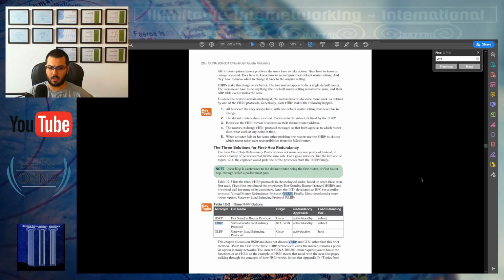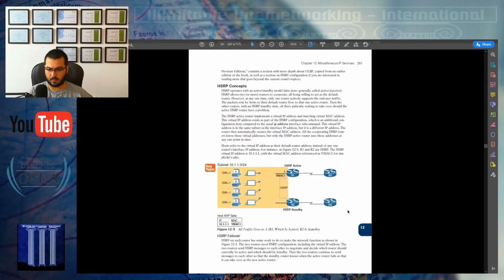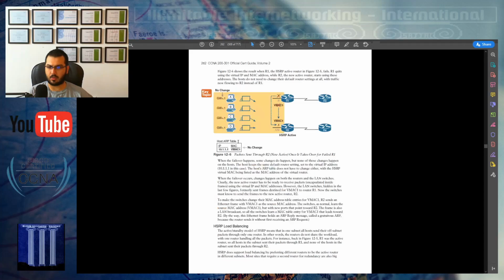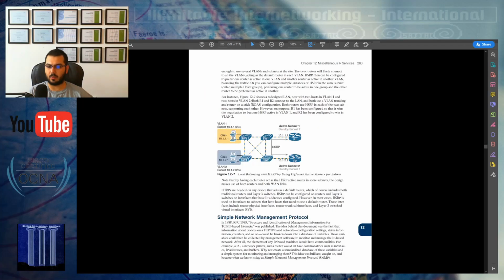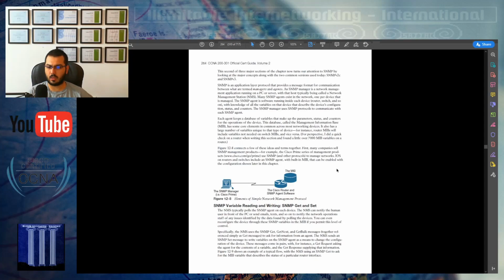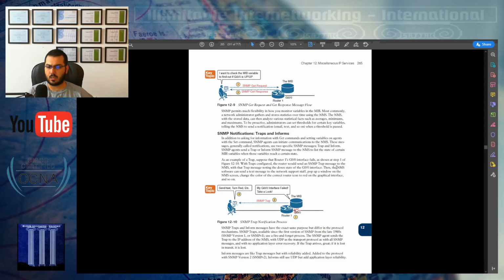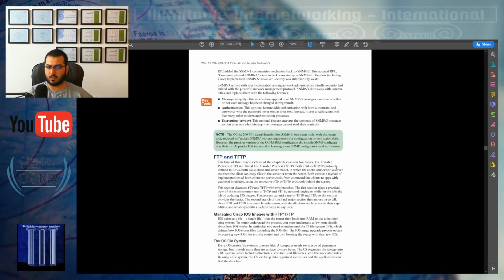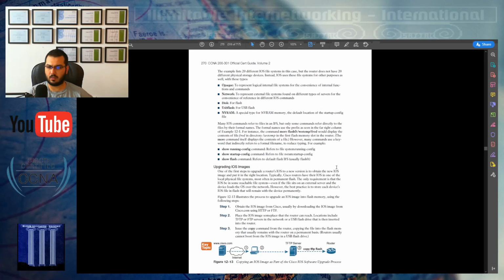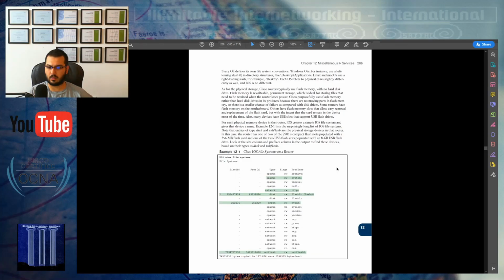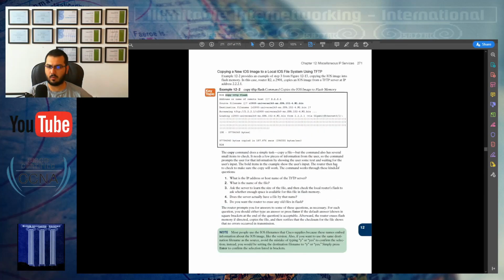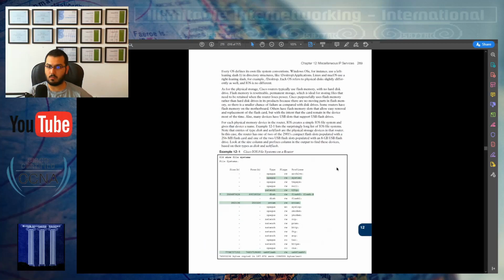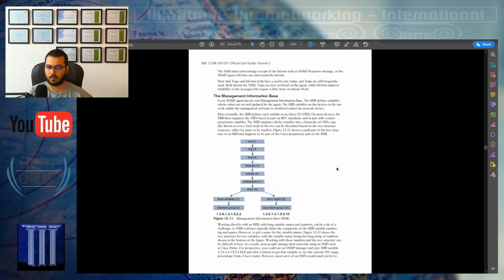VRRP, GLBP. These are some information for FHRP. These are the three flavors of FHRP. HSRP concepts, HSRP load balancing, which is something that is manipulated for two groups together, not a default behavior. And let's see if there is a VRRP section here. FTP. Where are we heading? I think I have gone too far. Definitely. Go back a bit.